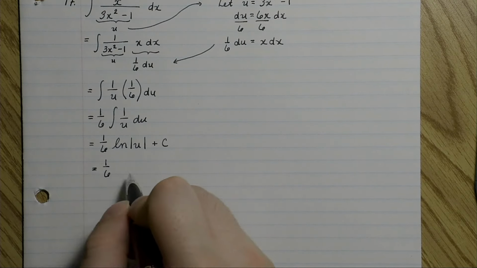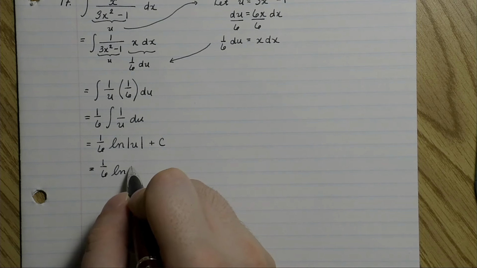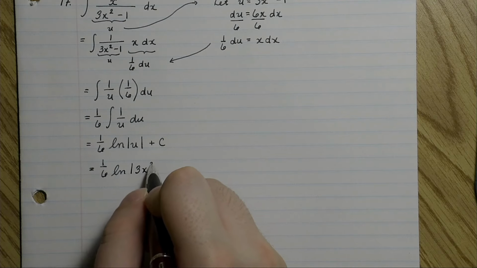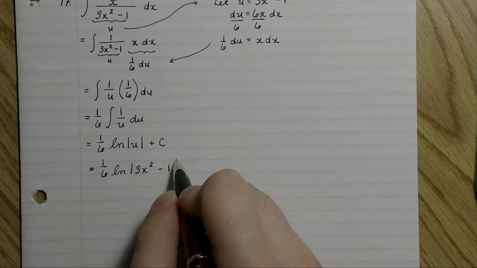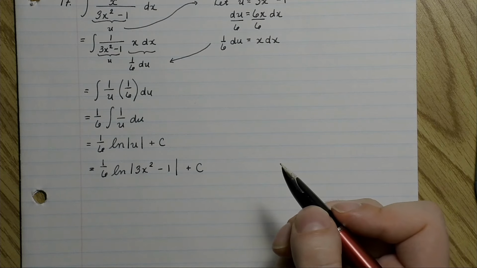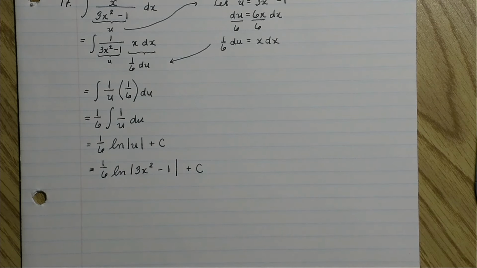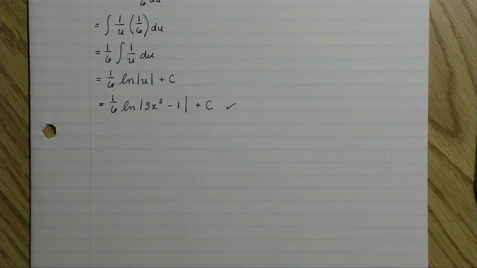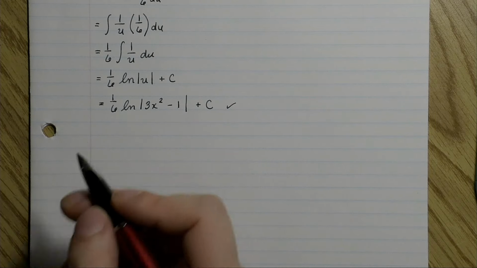So 1/6 ln, and then I substitute in what I had assigned for u, which was 3x squared minus 1, plus a constant. And that's good enough for them at the back of the book, so that's good. Let's do 19.